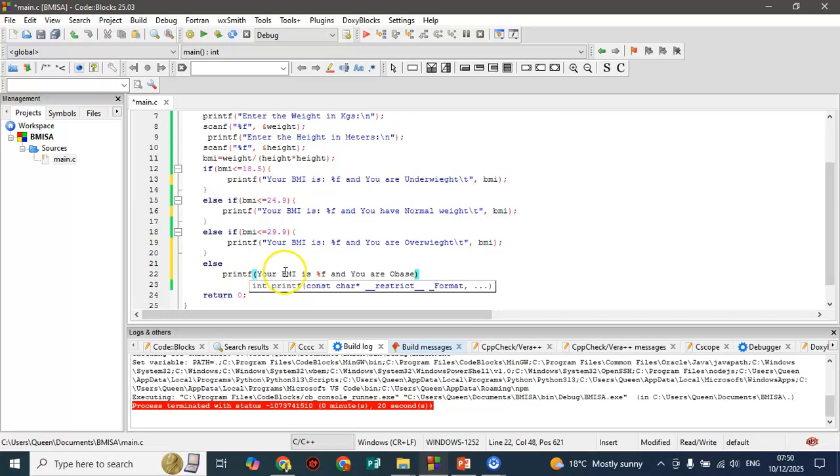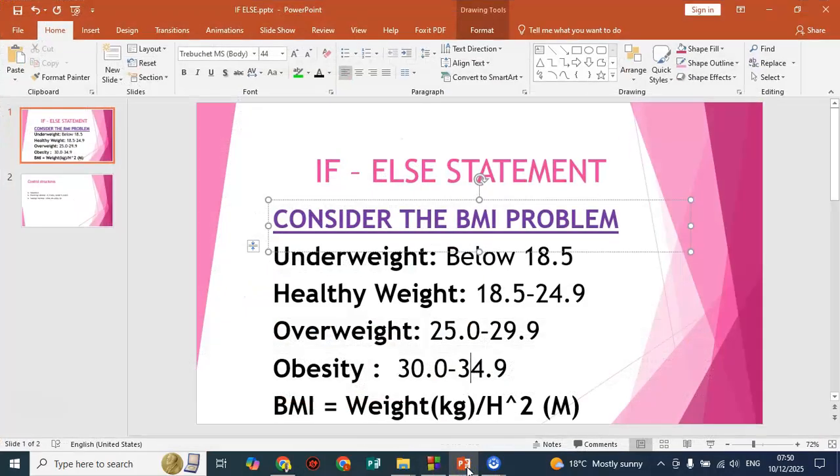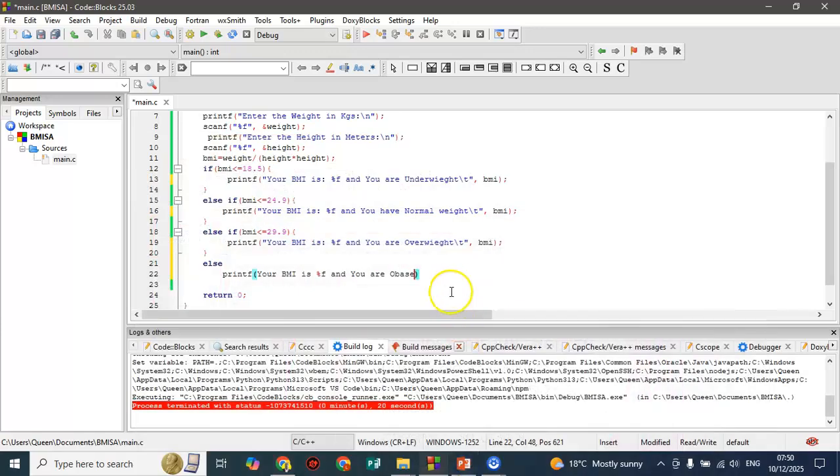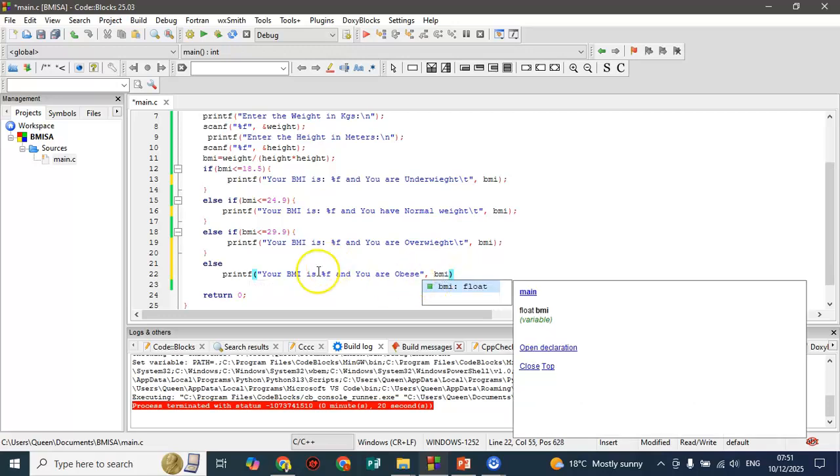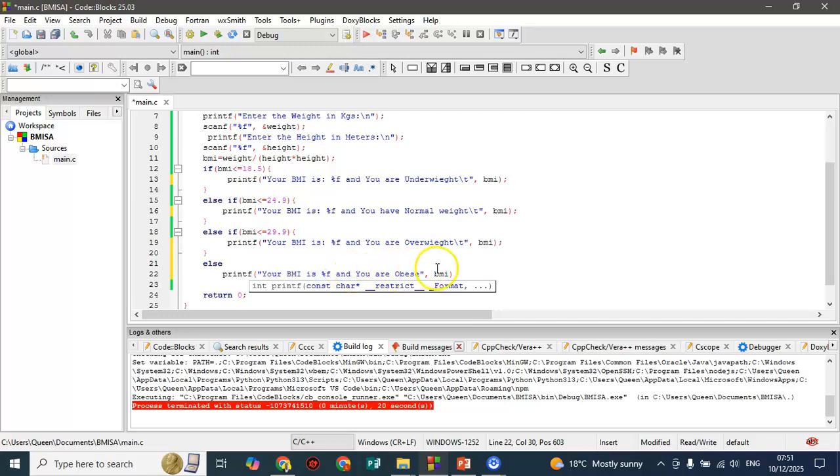Is that how you write obese? Obese. Should be obese. Something of that kind. Alright, so we need to quote this. And then we also need to supply the BMI here so that it is picked. As we refer to it here, we will pick it here, and then we terminate this statement.